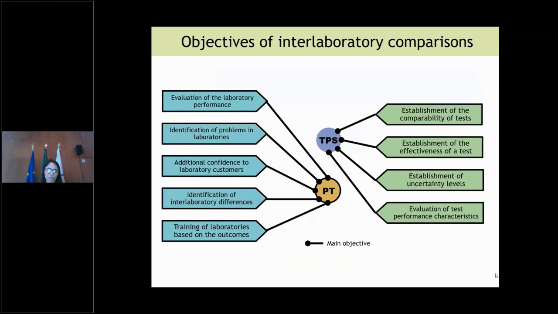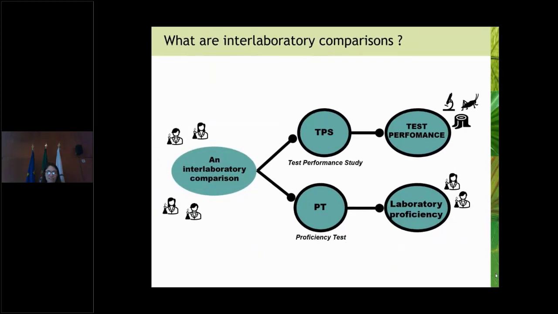Of course, sometimes you can use TPS to evaluate proficiency, or you can use PT to evaluate the performance of a test, but these are not the main objectives. So, just to highlight, we have two types of interlaboratory comparisons, and the goals are different for these two.